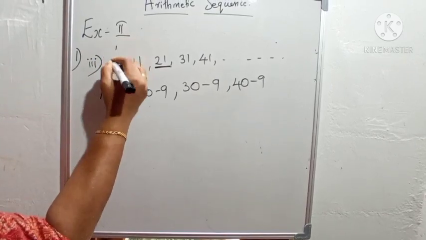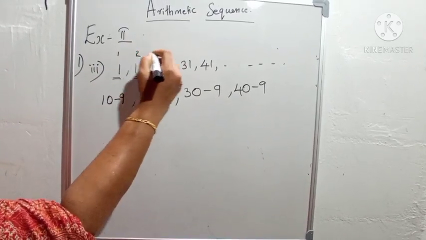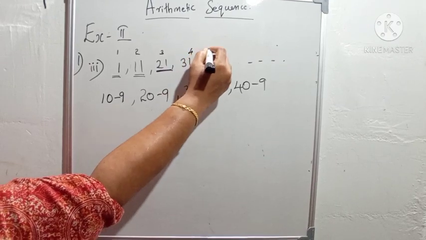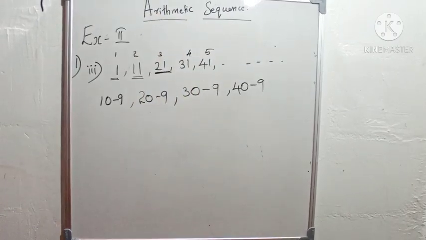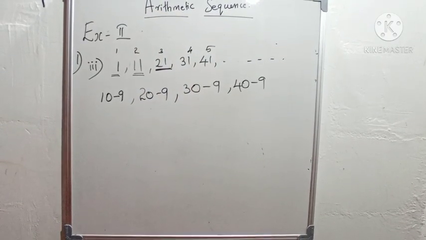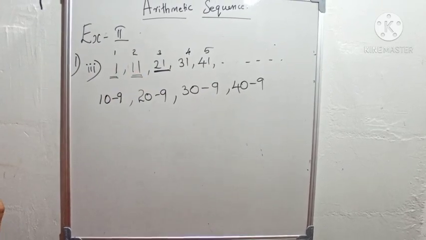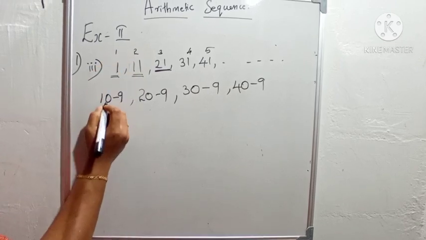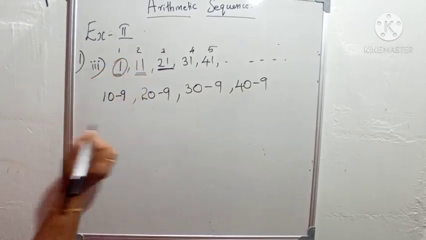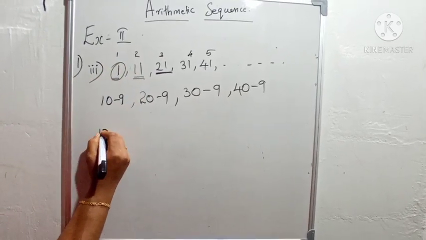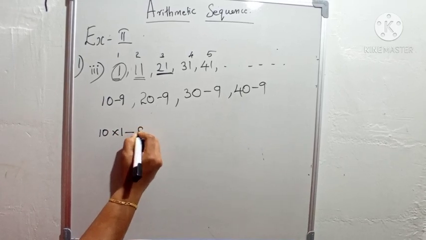See, this is the first position term. This is the second position, third position, fourth position, fifth position, etc. Right? Then, how do we find a relation between the terms and the positions? See, this is the first term. The first term is, yes, 10 into 1 minus 9.